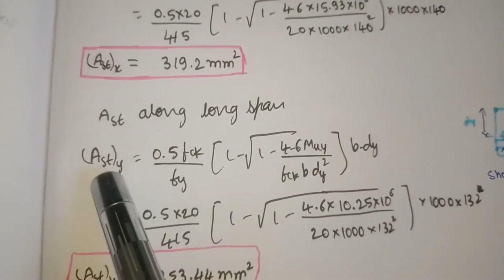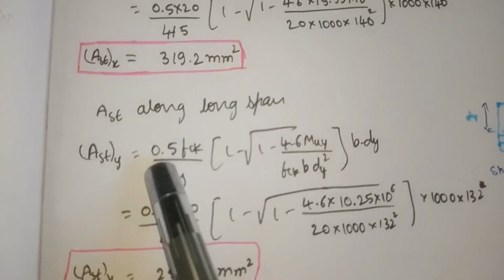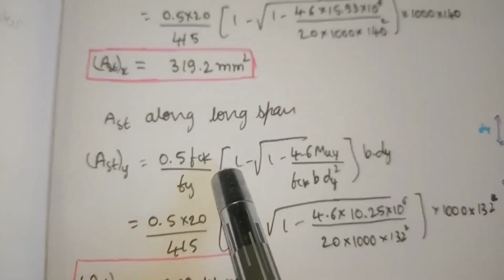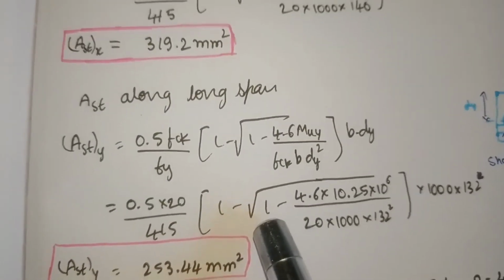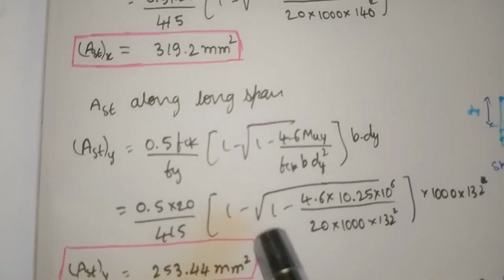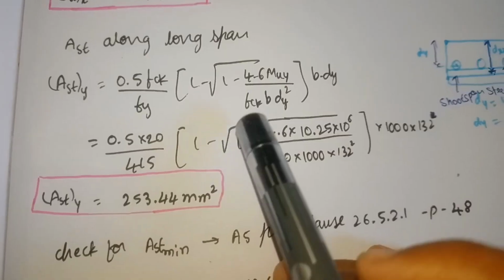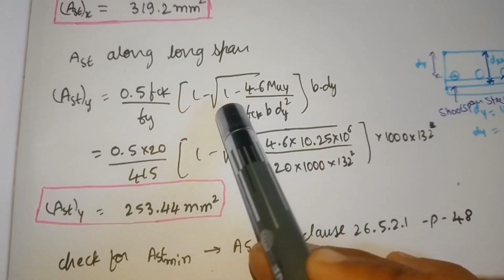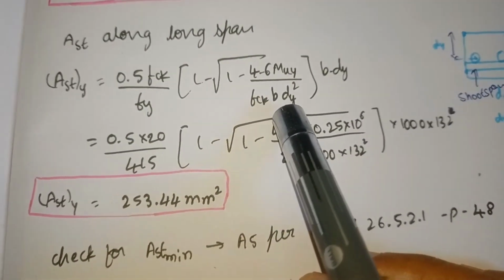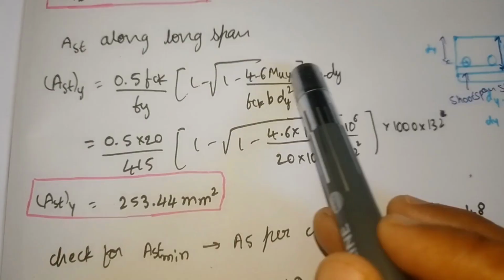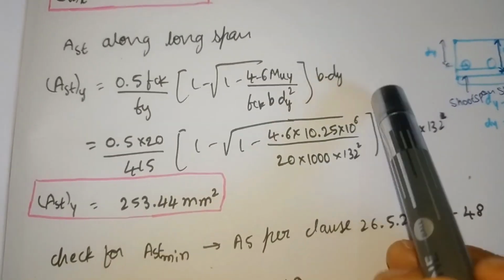AST along long span. AST_Y is equal to 0.5 fck divided by fy, bracket 1 minus under root of 1 minus 4.6 Mu_y divided by fck into b into dy square, bracket close, b into dy.